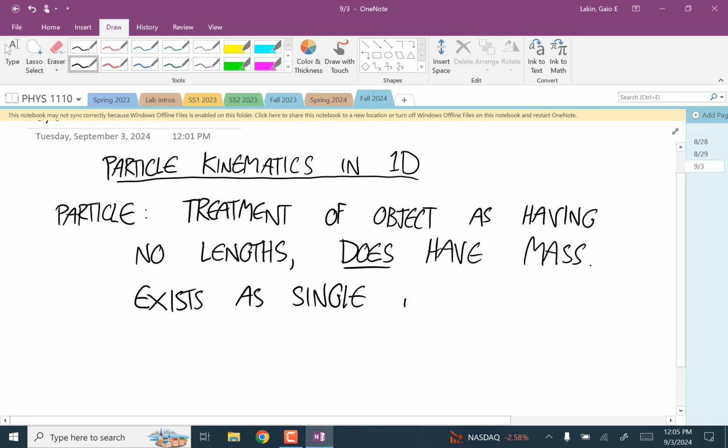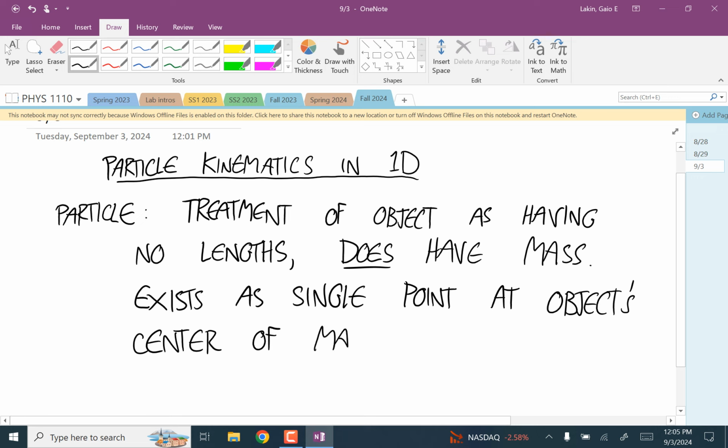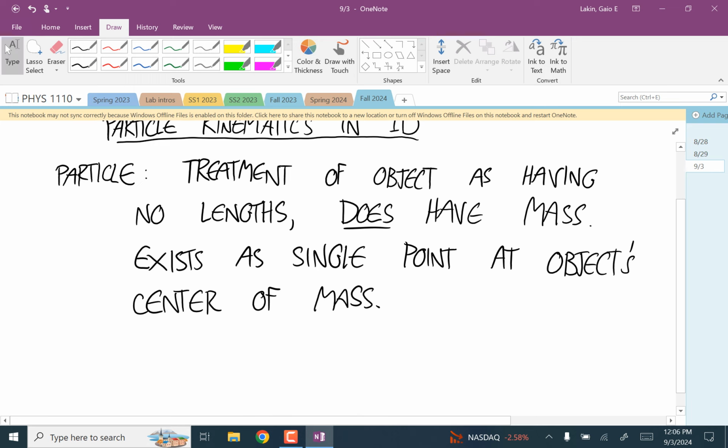So it exists as a single point at the object's center of mass. Just sort of the middle of the object. Okay, so that's what it means that we're talking about a particle.